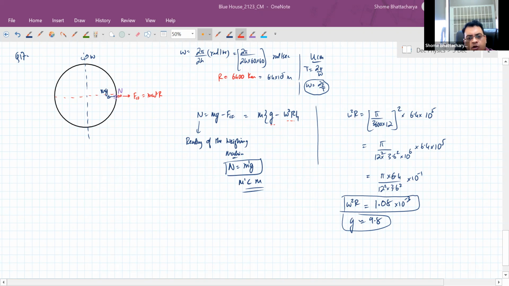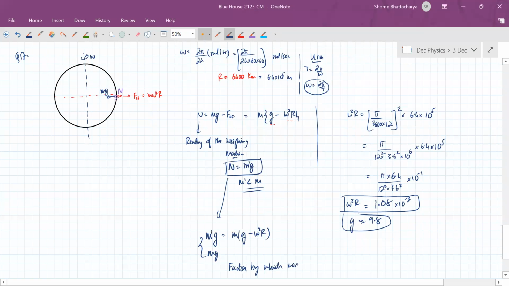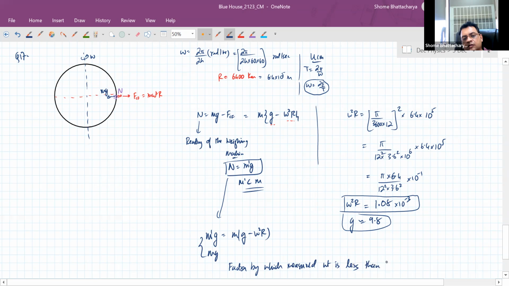So if I ask you by what factor is his weight less, now you can see that the measured weight is this, whereas his true weight, so by what factor is it less than the true weight?